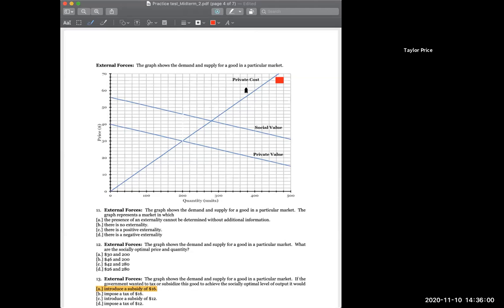And if there were two supply curves, you know it's a negative externality, because negative externalities operate on the supply curve and positive externalities operate on the demand curve. Another way to talk about demand curves is to call them the private value, whereas the supply curve can also be called the private costs.